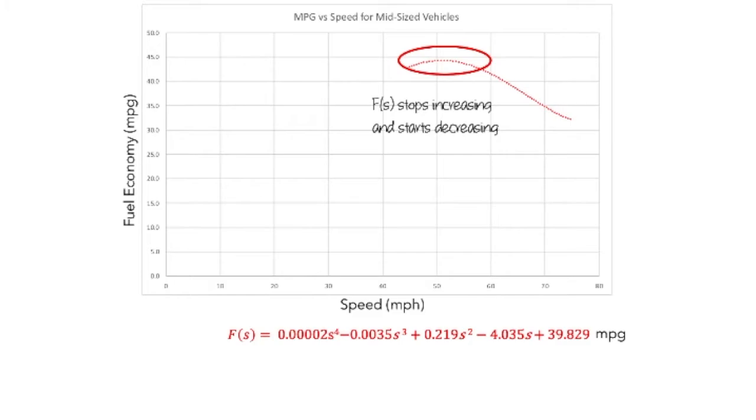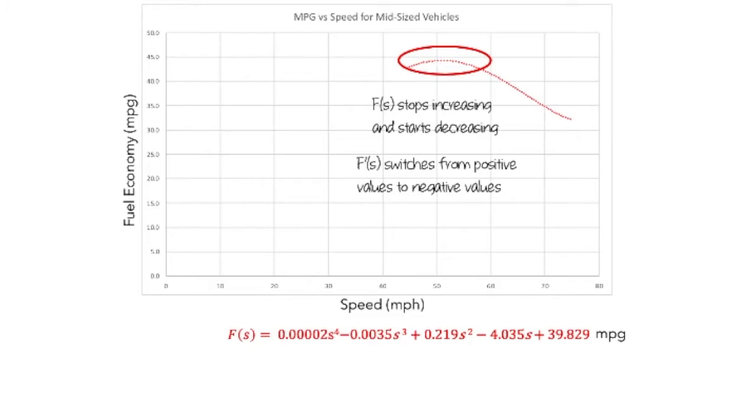We know that fuel economy will be largest at a speed where f of s stops increasing and starts decreasing. And in calculus terms, this is when f prime of s switches from positive values to negative values. To figure out where this happens, let's compute the formula for the derivative function.